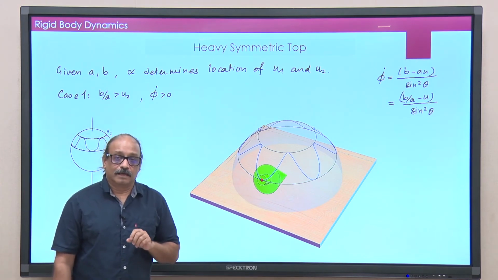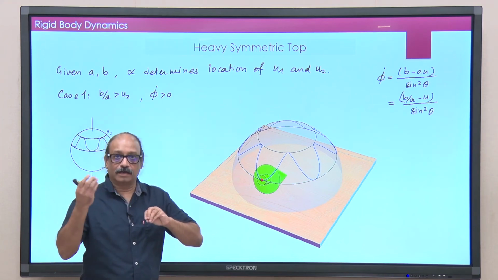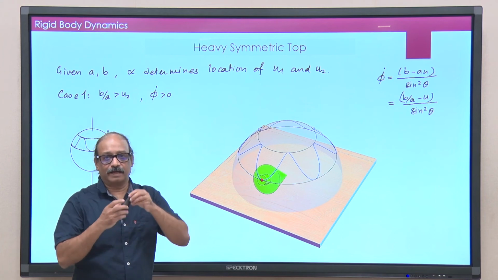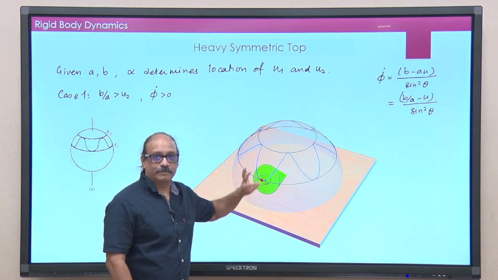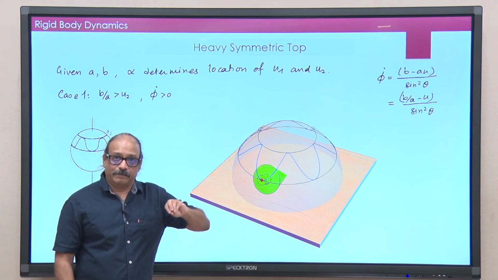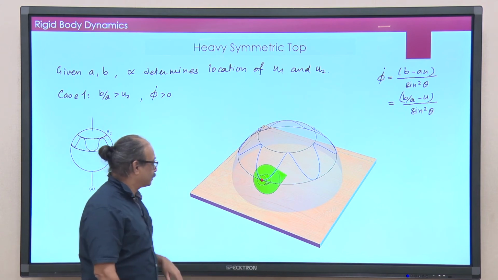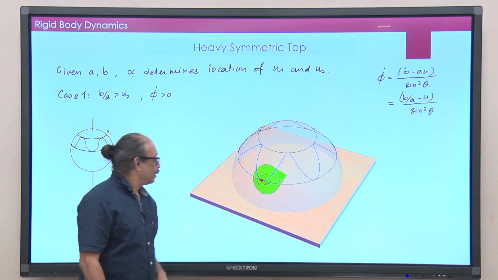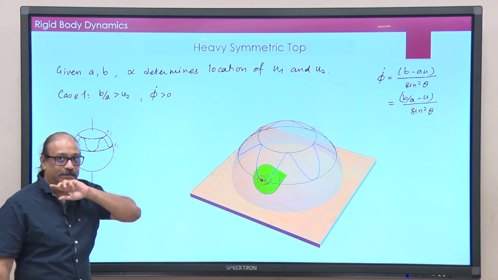Okay. This red dot basically will trace out a curve, because we are really not interested in motion about the axis of the top, that is spinning. The remaining part is how the top moves or orients itself in space. Now, what we know is phi dot is always greater than 0.